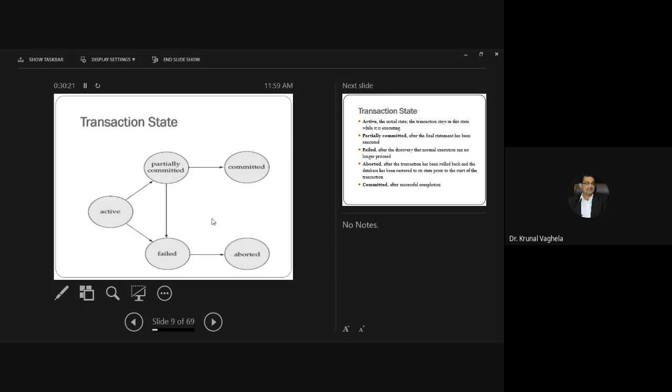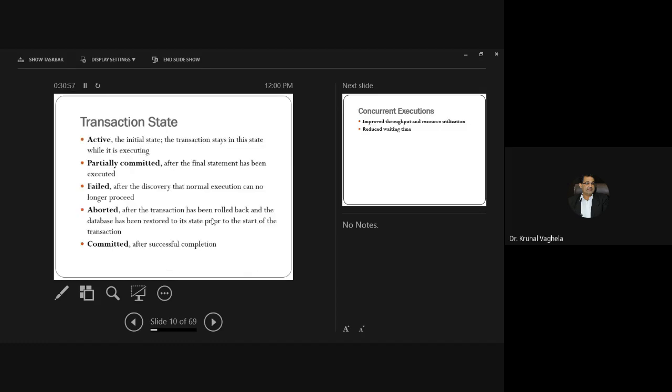After partially committed also, once the last statement is executed, if something happens before the changes have been reflected to the database, then it is also failed. Committed: whatever changes the transaction has done are reflected in the database. Committed means all the changes the transaction has done are reflected in the database. Or aborted: the transaction is abandoned, or you can say cancelled.